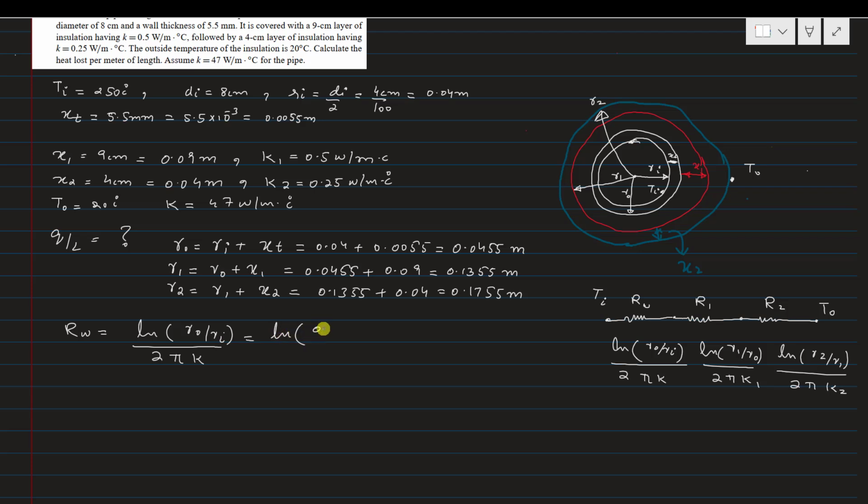That is 0.0455 divided by Ri, that is 0.04, divided by 2 pi times K, which is 47. After simplification you will get RW, and that is 4.362 multiplied by 10 to the power minus 3.